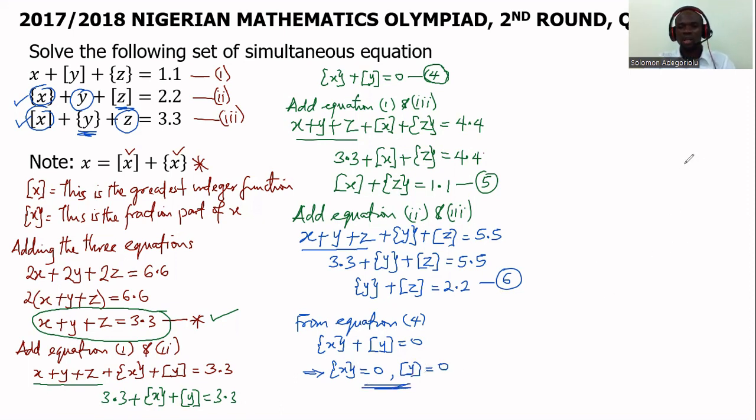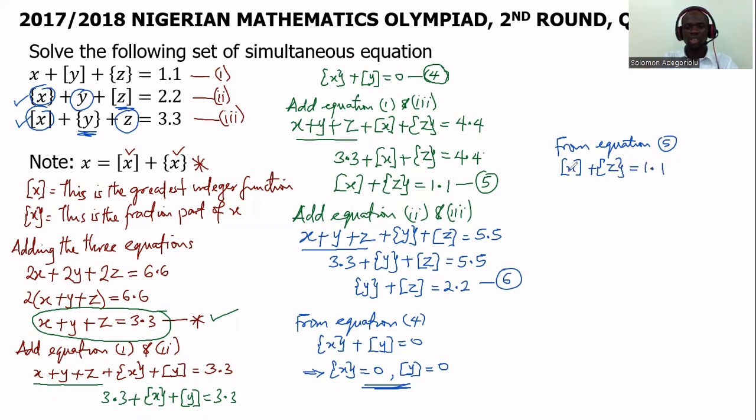Now let's move on to equation 5. From equation 5, we have this plus this is equal to 1.1.